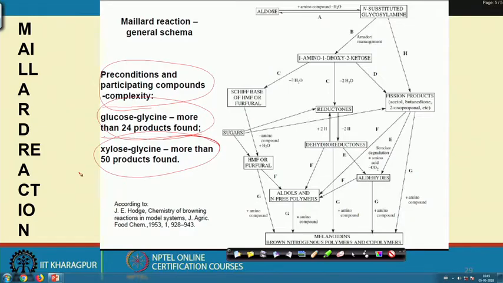So depending on how far you are extending, how far your reaction is happening, how long it is happening, all these will dictate what could be the end product, right. So it is very difficult to pinpoint that through that Maillard reaction you got this as the end product.